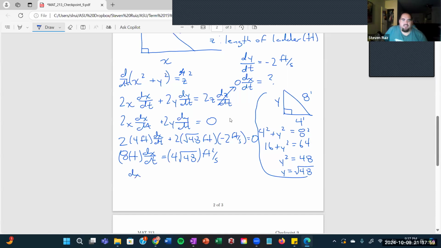So if I solve for dx/dt, and let's be real careful with the units here, I get 4 radical 48 feet squared per second over 8 feet. I'm going to attend to the units first. What's feet squared per second divided by feet? I think that's just feet per second. Does feet per second make sense with dx/dt, the thing we're trying to find?